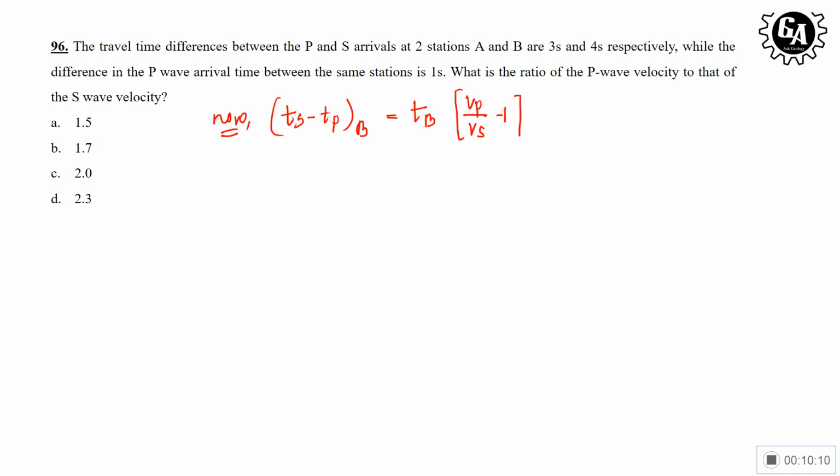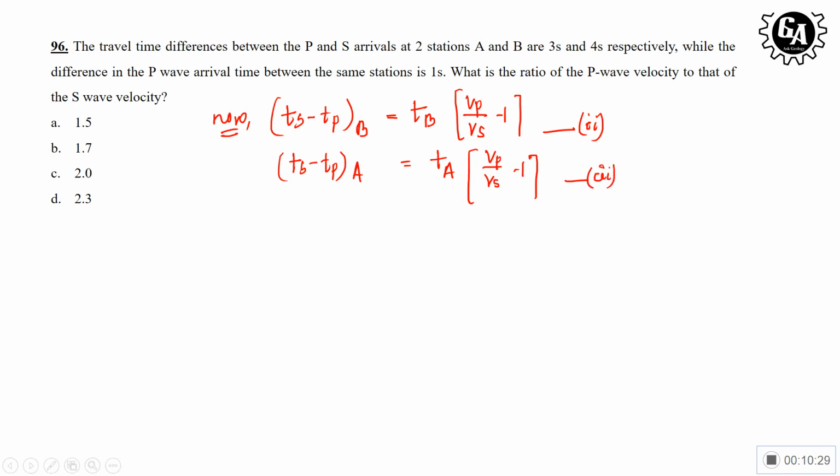Let this be equation 2. And another simple equation: Ts minus Tp at station A is equal to Ta times (Vp by Vs minus 1). This is equation 3.